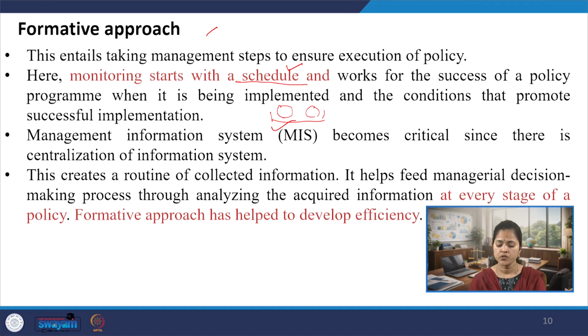It is also helpful in taking managerial decisions and tracking the progress of the decisions through the MIS, through the required information at every stage of a policy.